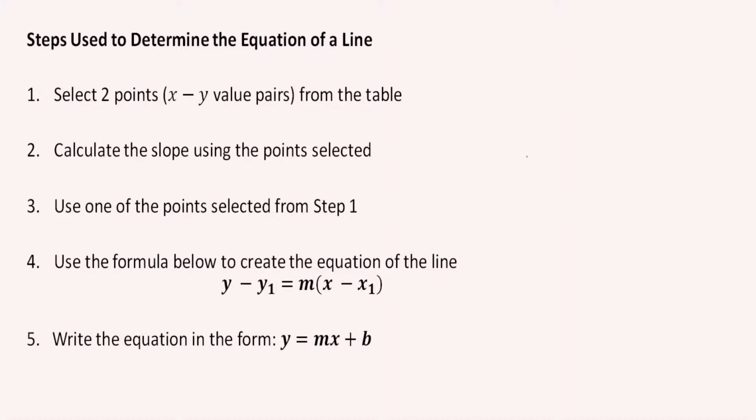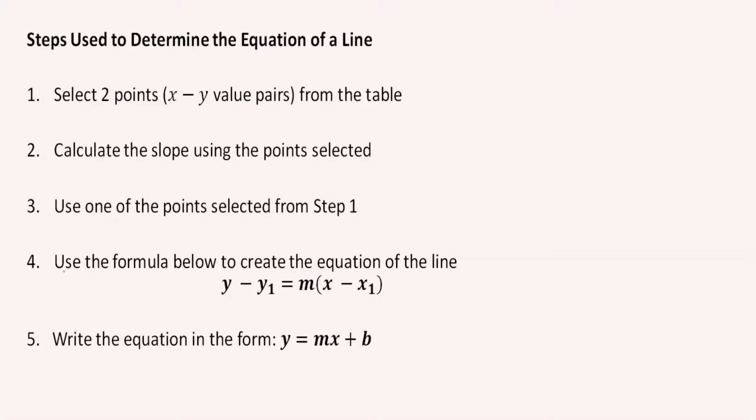Next thing we're going to do here, we want to look at the steps that we have to follow to determine the equation of a line. First thing we want to do is select any 2 points from the xy value pairs from the table. Then we will calculate the slope using the points selected. And we can select one of the points from step 1, or we can just select any of the points from the table.